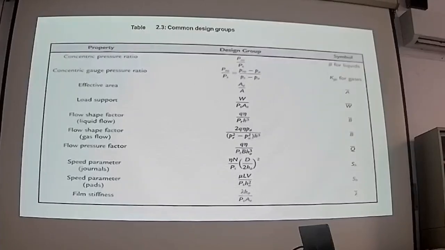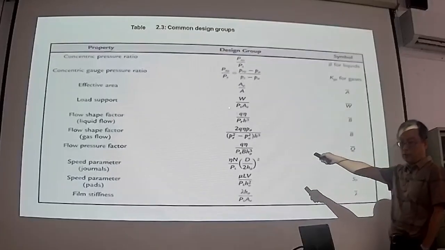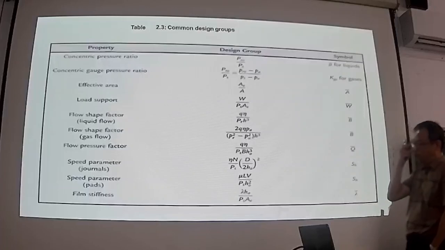Okay, so you don't have any dimension. Usually for area, we have a unit of meter squared or millimeter squared, but in this case its dimension is one. For load capacity it is the same. We divide it by PS multiplied by the equivalent area.